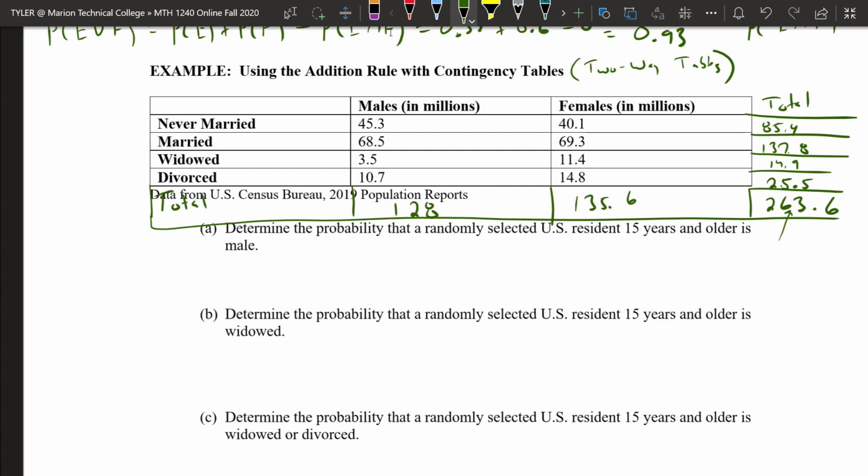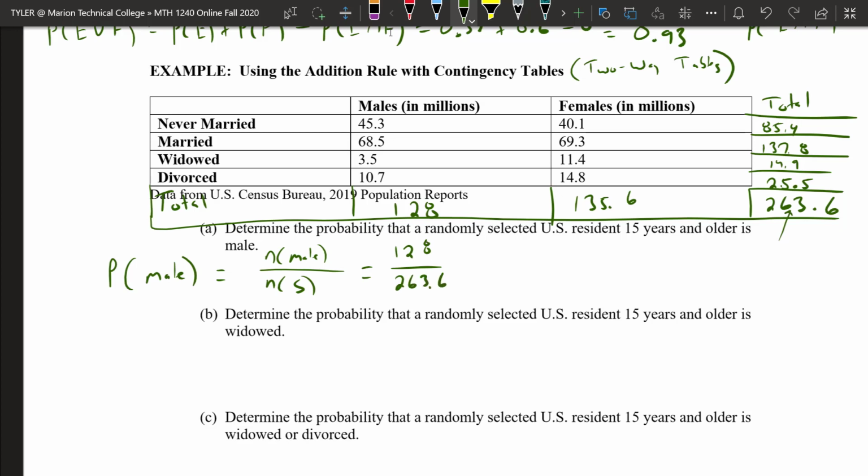Part A is to determine the probability that a randomly selected U.S. resident 15 years and older is male. So we want to calculate the probability of randomly selecting a male. That's going to equal the number of males divided by the number of things in my sample space, which would be equal to 128 over 263.6.